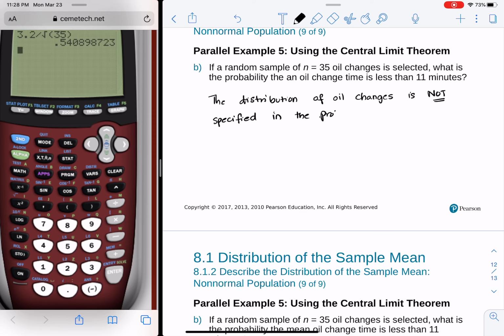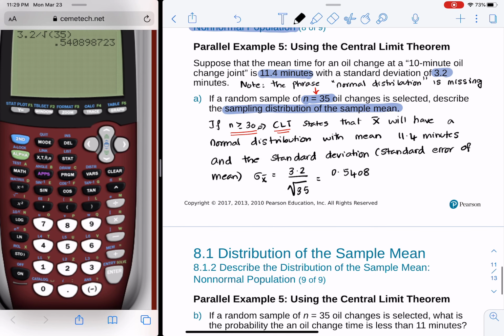Now, if it was specified and if we had a normal distribution, we can make use of normal CDF and find the probability. But that is not the case here because the distribution of oil changes is unknown. We said nothing about the distribution of oil changes.